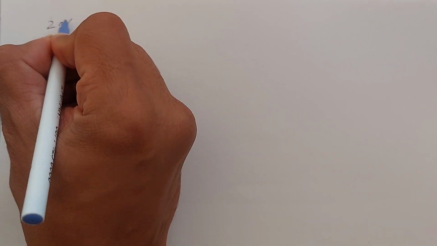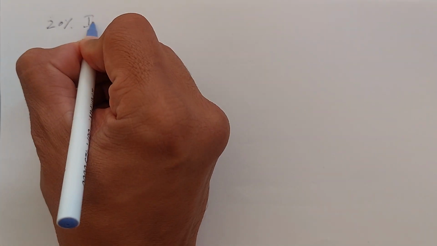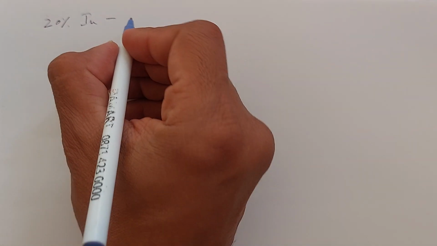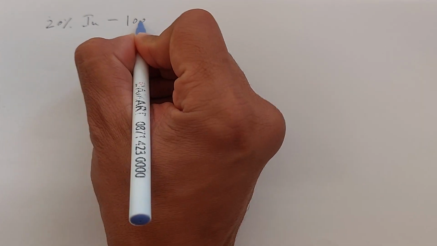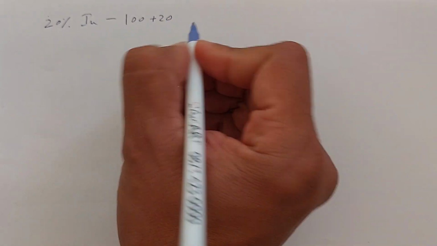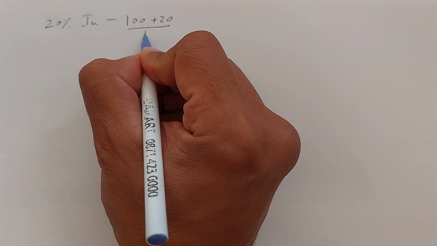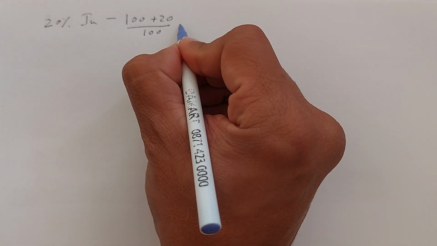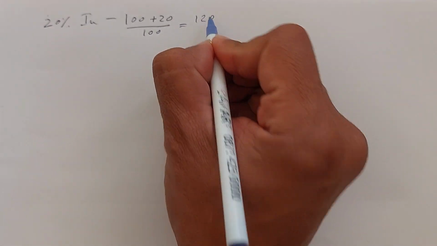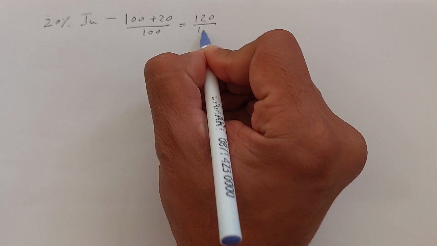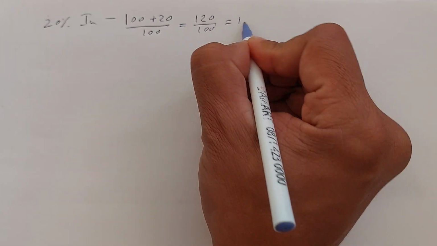For example, if a value is increased by 20%, 20% increase means technically it is 100 plus 20 over 100. So that is 120 over 100, and that is 1.2.